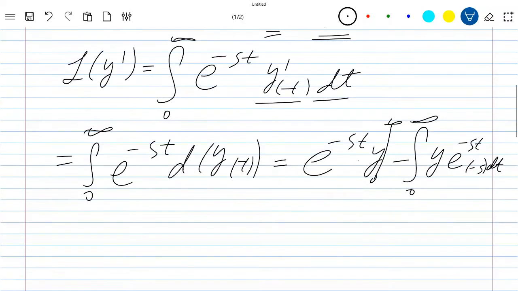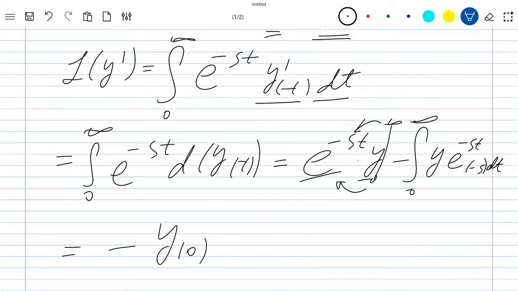So how about the first term? You plug in infinity, you get 0. You plug in 0, do you get 0? No, because this is 1. That's y(0), and it's negative.